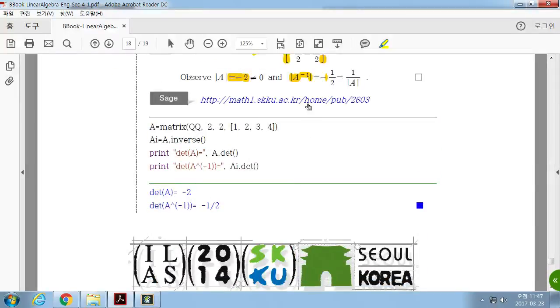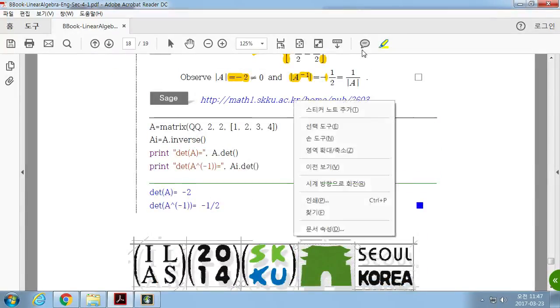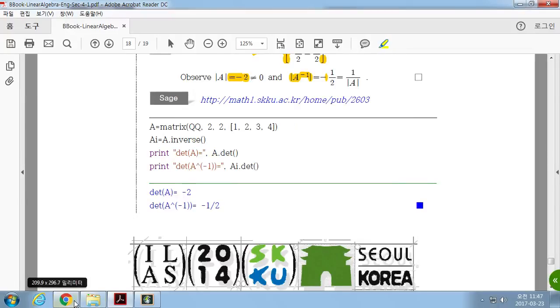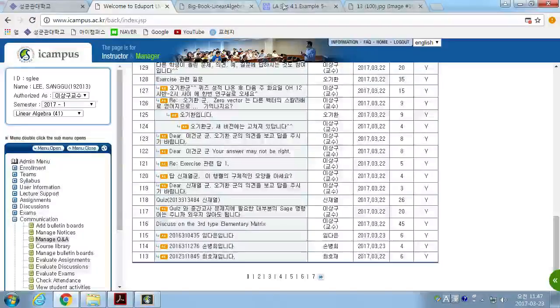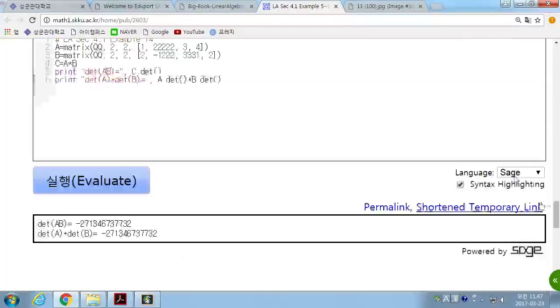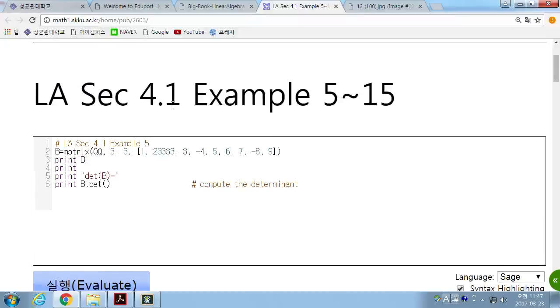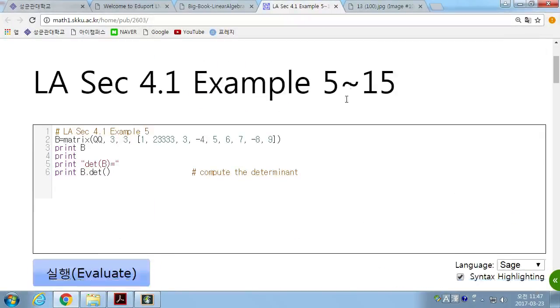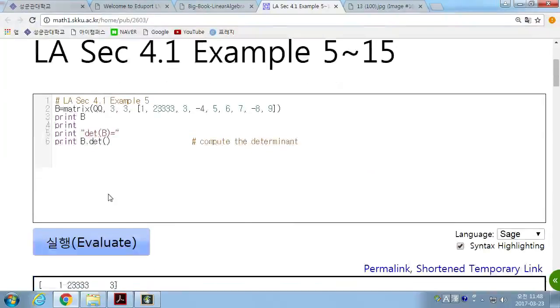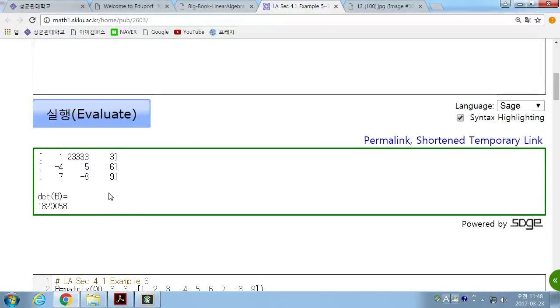I think that's the end of this section. Here you will see the code for the earlier examples in section 4.1, from example 5 to 15. For example, this is a matrix, then the determinant can be found easily.